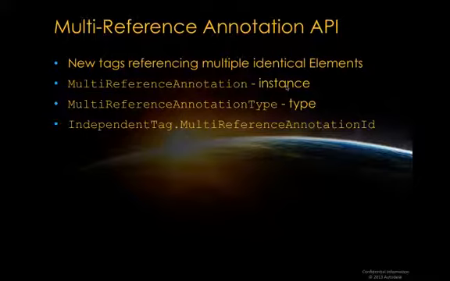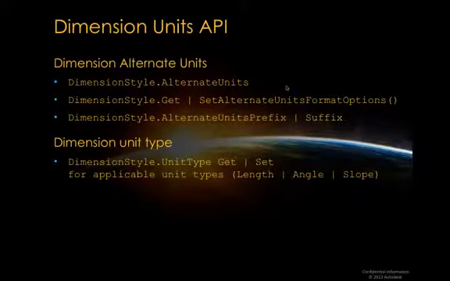We have new tag types which can reference multiple identical elements, and full support and access for this through the API. I mentioned the new dimension and units API in the RICE section. From the wine point of view, we now have support for alternate units, so you can make use of two different unit systems in the model for display to the user simultaneously.